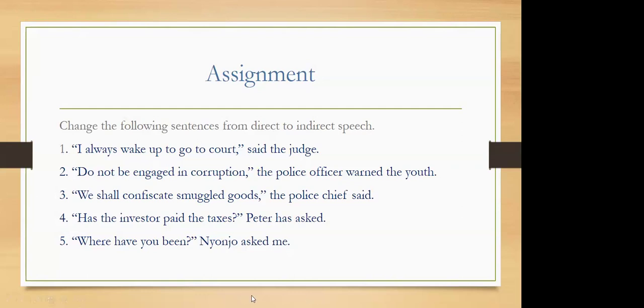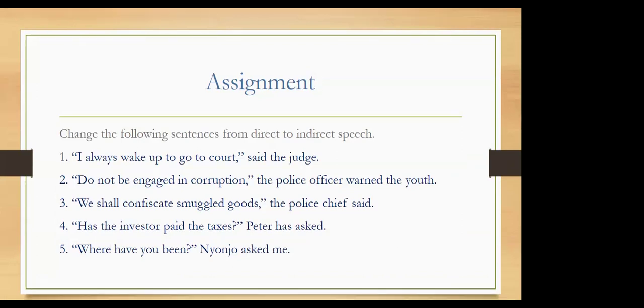Now I need one volunteer to answer number two, that warning. Who can answer it? Any volunteer? Alicia, your hand is up. Does that mean you're willing to answer it? Yes. Okay, go ahead.